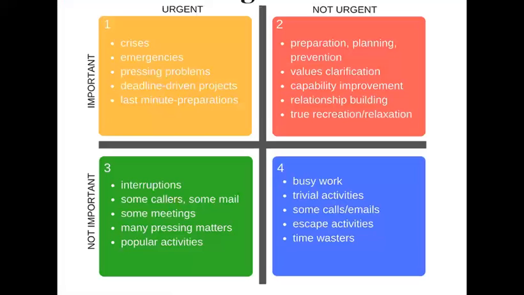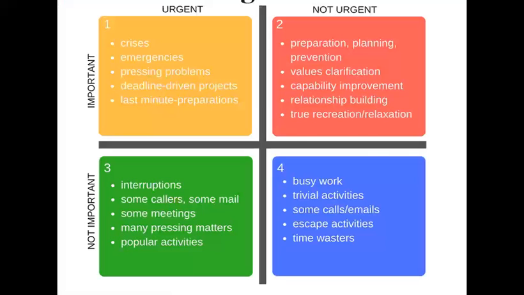Okay, so understood what are the four quadrants? What was the first one? The first one was both important and urgent. The second one was important but not urgent. The third one was not important but urgent. And the fourth one was neither important nor urgent. They are called the time wasters.